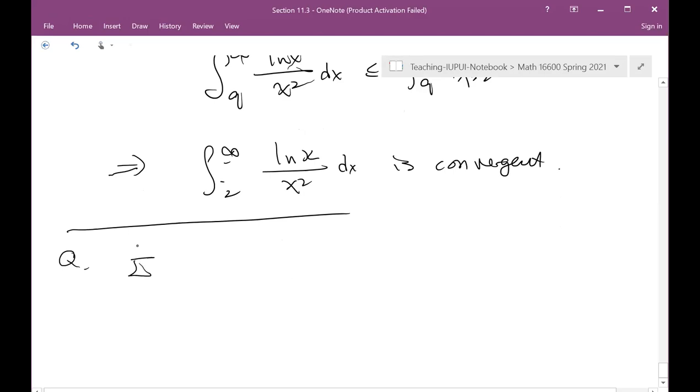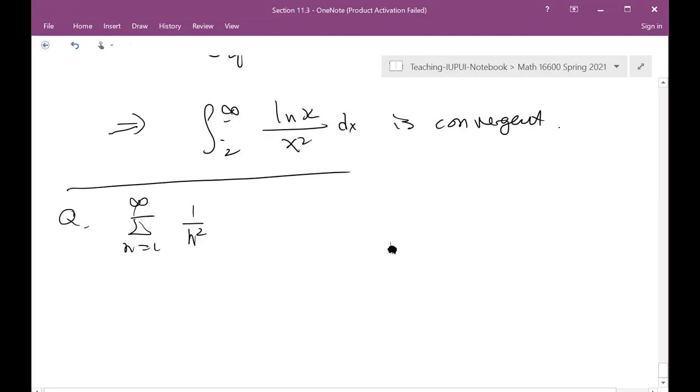Let's recall this. We know this is convergent, right? I'm trying to recall what we did here. This is p equal to 2, okay?